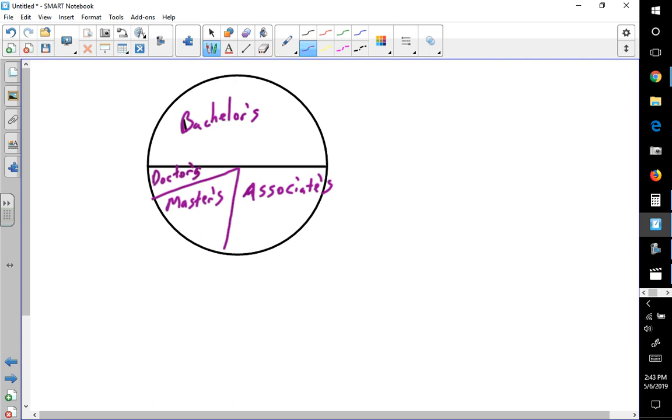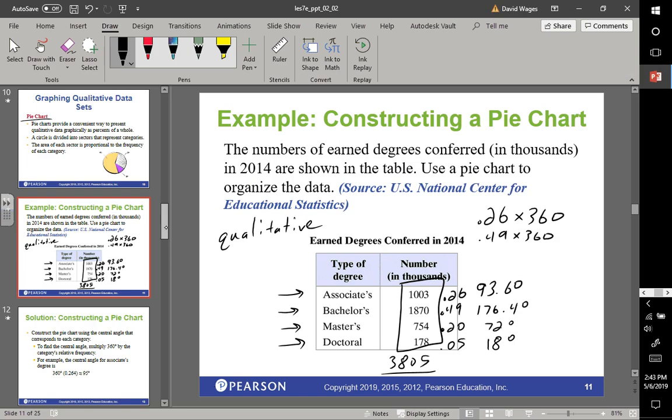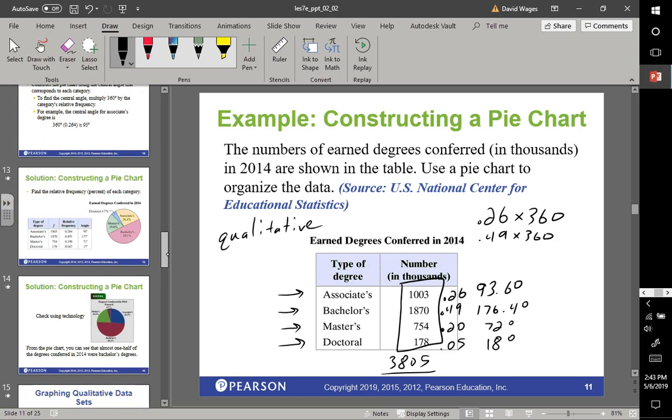So the doctorate degree. So that allows us to make our pie chart. So we determine our angles that correlated to each of our categories. So that's our pie chart.